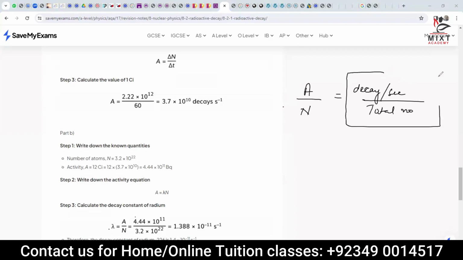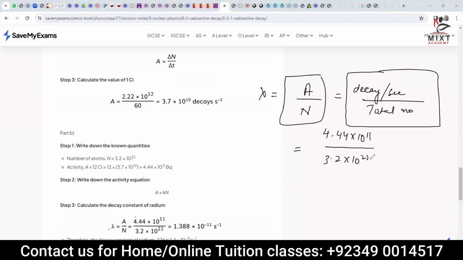This will always be a constant quantity, which is given here as lambda. So basically, when you do that, you get 4.44 times 10 raised to the power 11 divided by 3.2 times 10 raised to the power 22. The value comes as 1.388 times 10 raised to the power minus 11 second inverse. The decay constant for radium is 1.4 times 10 raised to the power minus 11 second inverse.